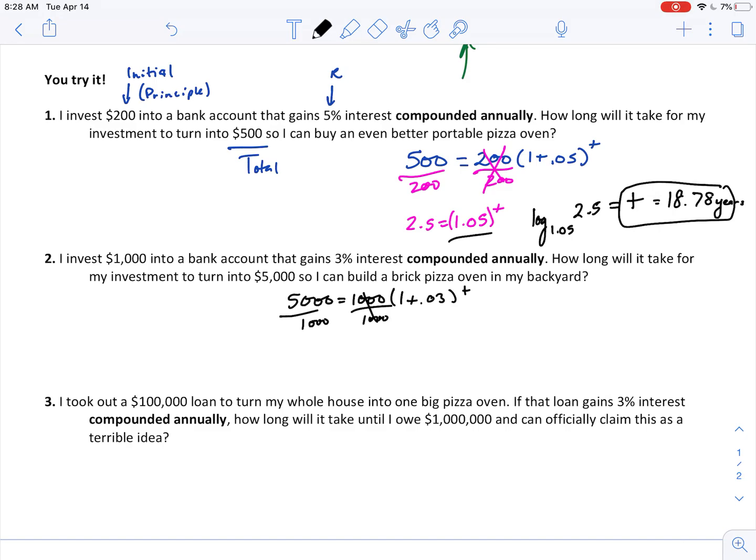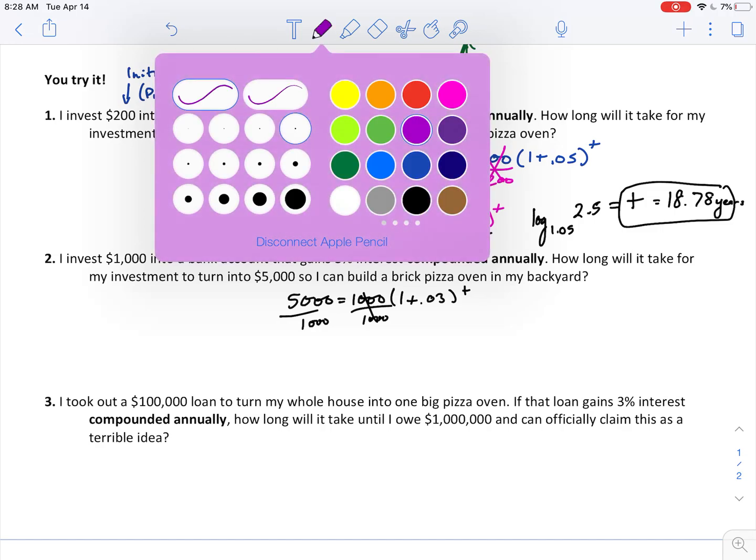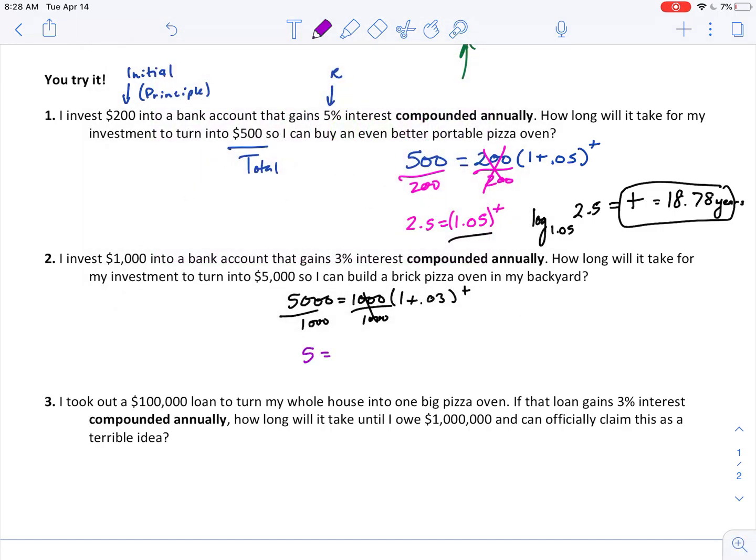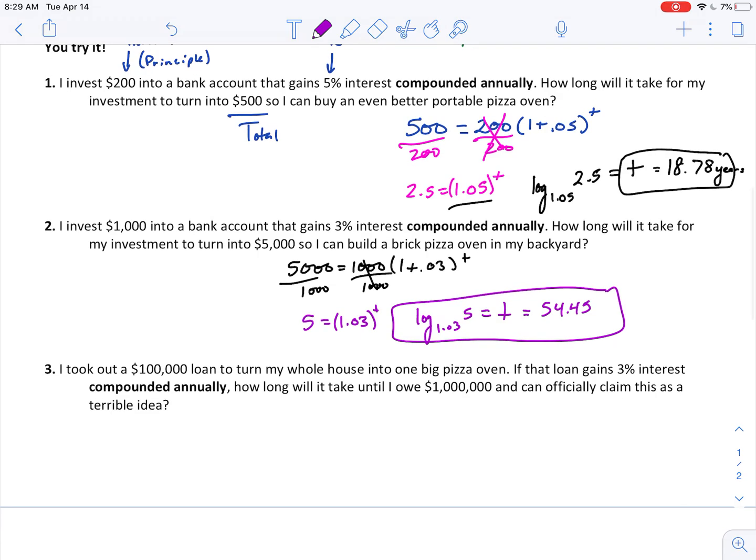So first step, always divide by your principal. And what we would end up with here is 5 equals 1.03 to the t. So log base 1.03 of 5 equals t, which is 54.45.